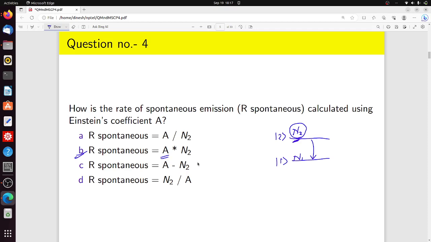The rate of change of N2 can be written as minus dN2 over dt equals A N2, where A is the Einstein coefficient, or you can call it the decay constant in this case. So this is the rate of spontaneous emission, given as A N2. So B is the correct answer.